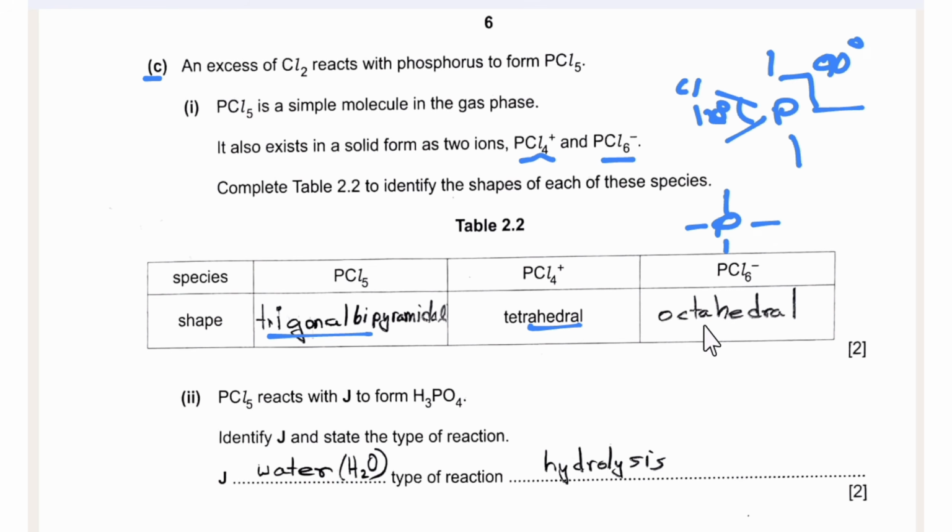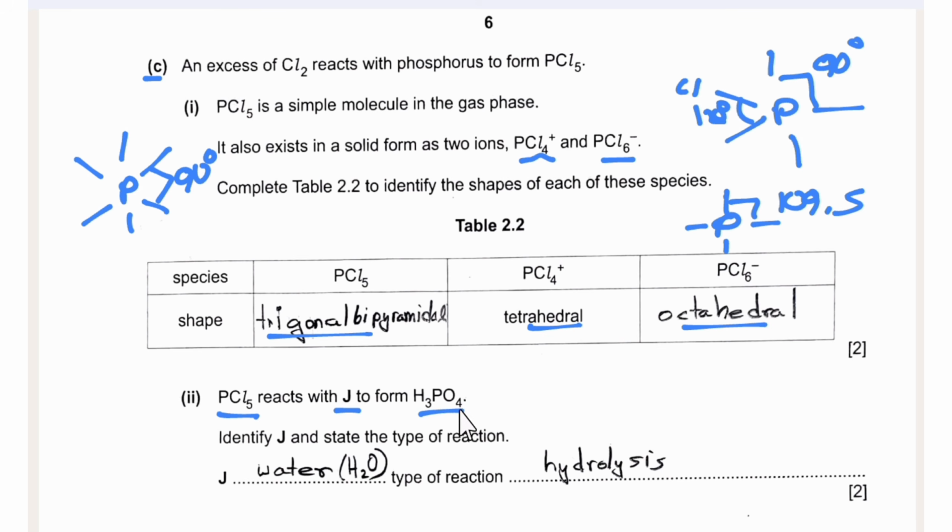For PCl6 minus, the shape would be octahedral, with 1, 2, 3, 4, 5, 6 chlorines, and the angle is 90 degrees. For tetrahedral, the angle would be 109.5.